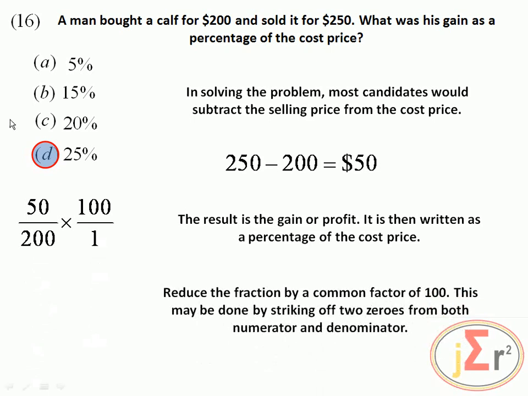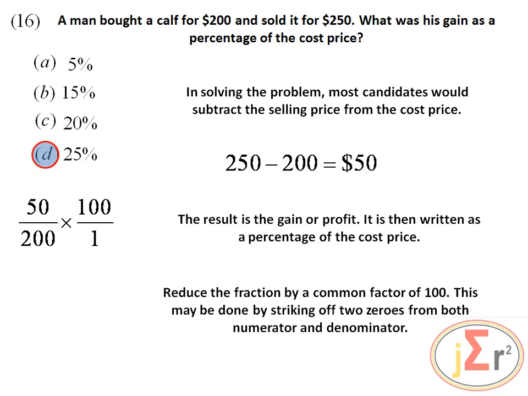So here we have the gain divided by the cost price of $200, and we are writing that as a percentage by multiplying by 100. We will now reduce the fraction by a common factor of 100.